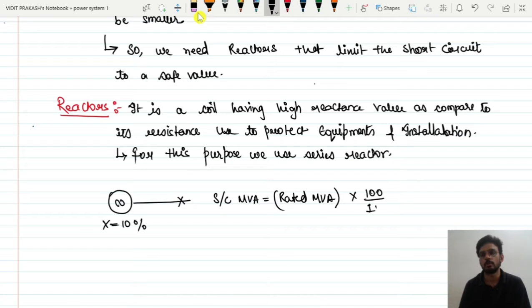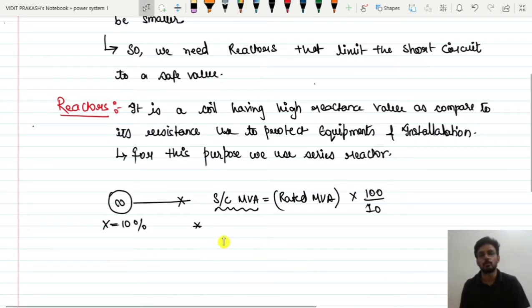Now, the circuit breaker which we require depends upon this short circuit MVA value, right? If the short circuit MVA value is higher, the rating of the circuit breaker will be higher, right?